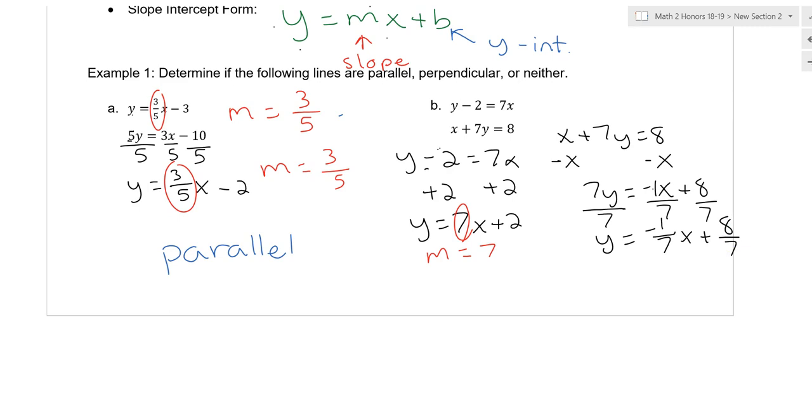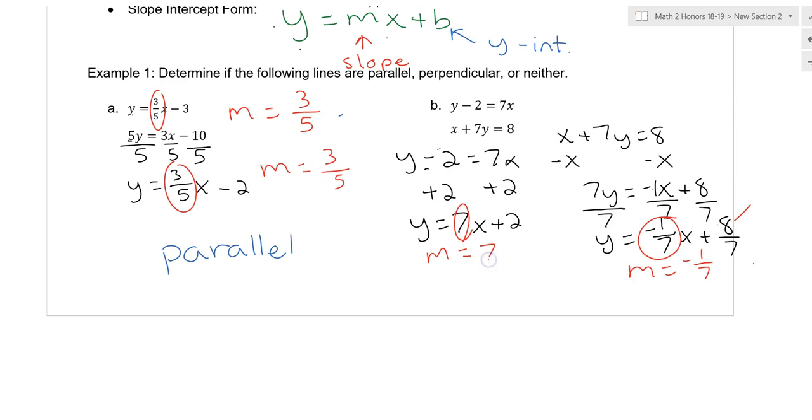Okay. So you might get some weird fractions with these, and that's okay. Again, this number really doesn't matter at all. Really just our slope matters. And then this is where you have to start recognizing those opposite reciprocals.